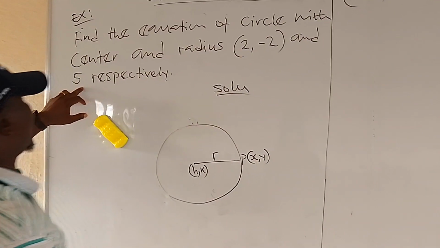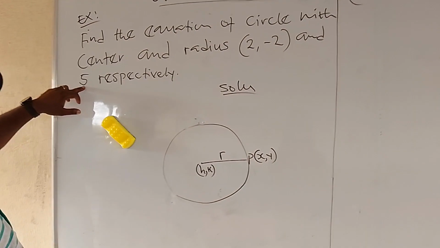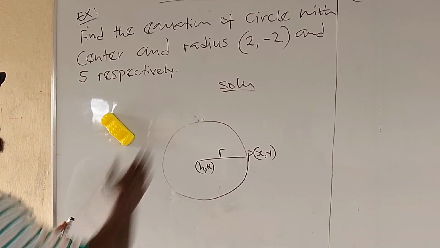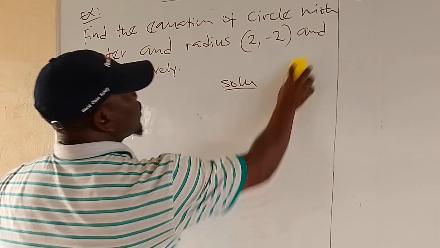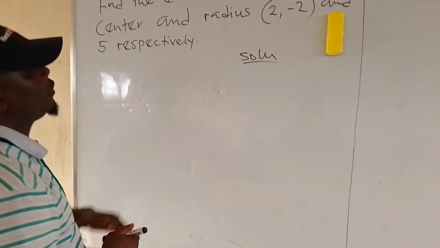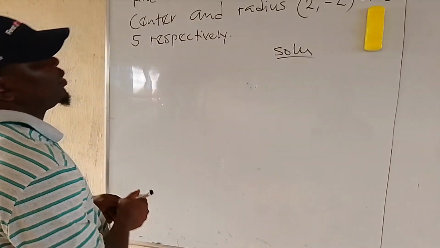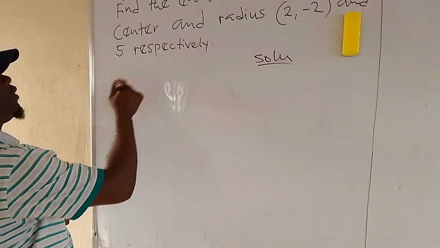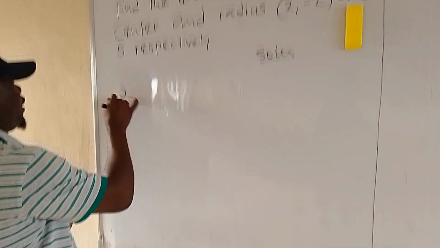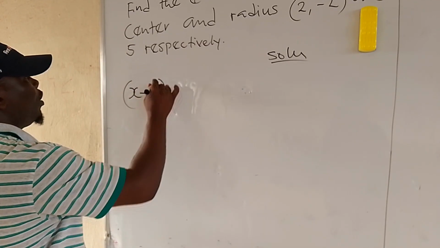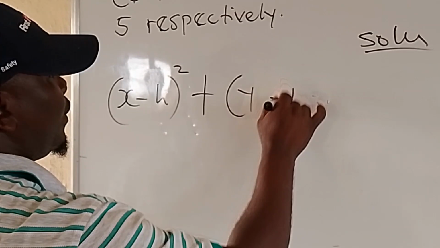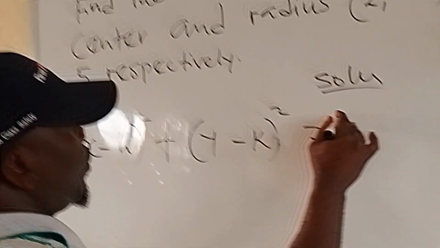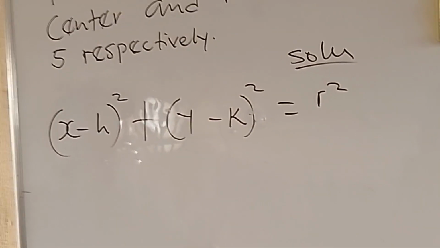So you discover that the center is (2, -2). The radius is what? 5. True or false? So let us make use of this formula. This is the formula we will use in solving this question. The general form of the equation of the circle is (x minus h) all squared plus (y minus k) all squared equals r squared.